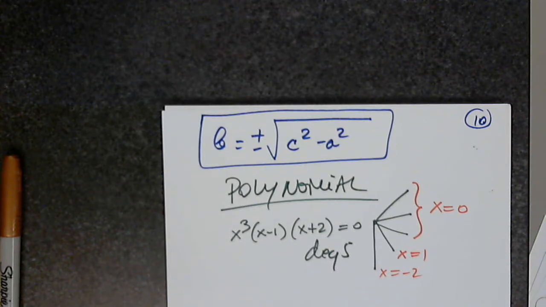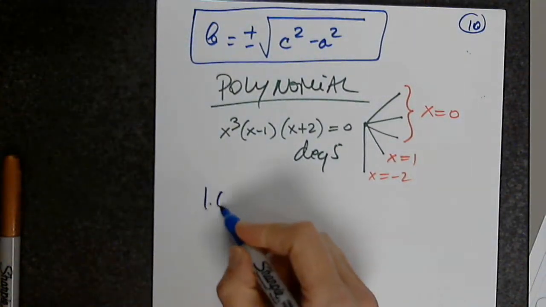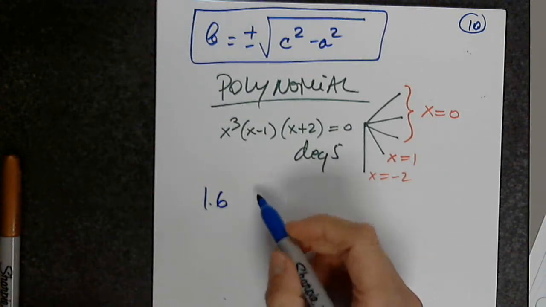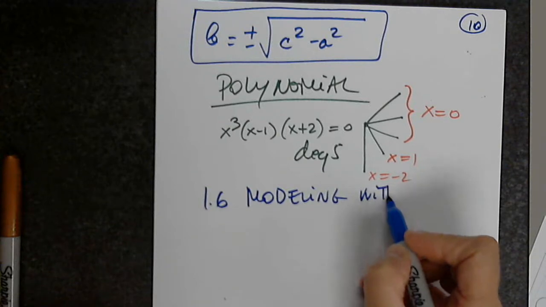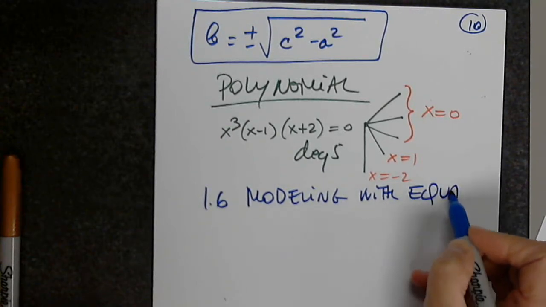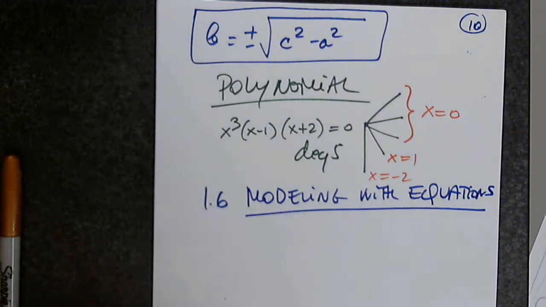On this section, I can talk for a month. So let's look at a couple of problems here in 1.6. Modeling with equations. What does this mean? Can anyone explain those 3 words? Modeling with equations. Equation means set equal to 0, right.